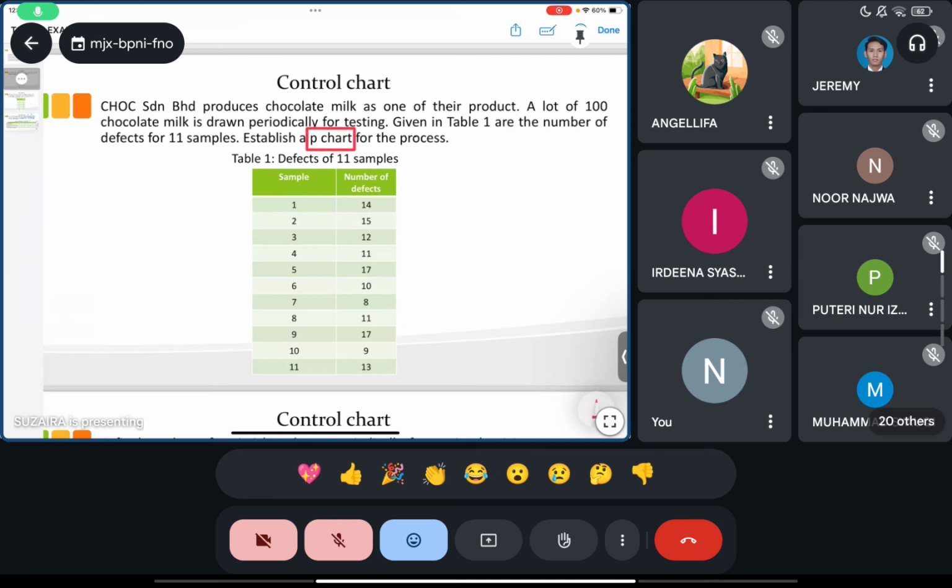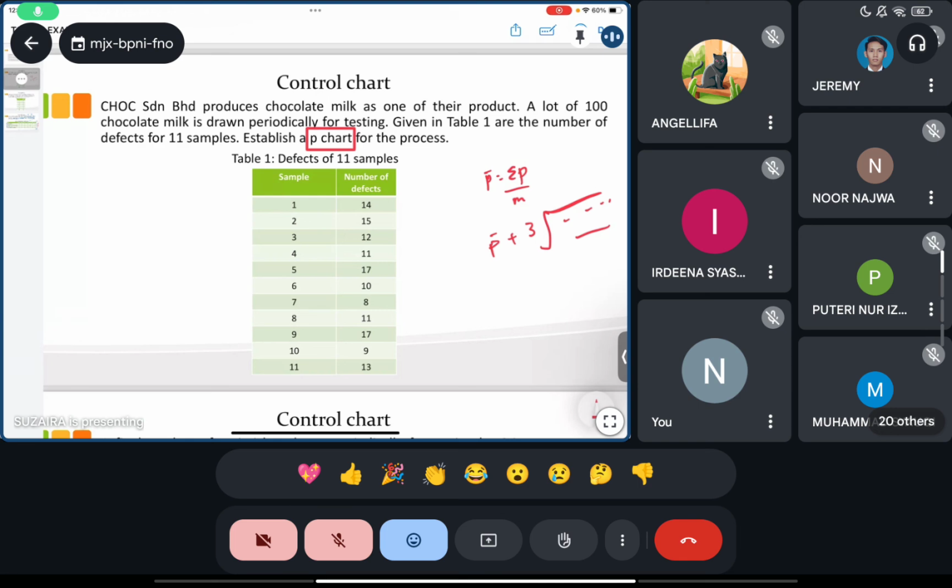Because they already mentioned what kind of chart you need to develop. So you just remember the equation. P bar is equal to this one divided by M, and then the other one is plus 3 Z, and so on. And this one is for the P chart.